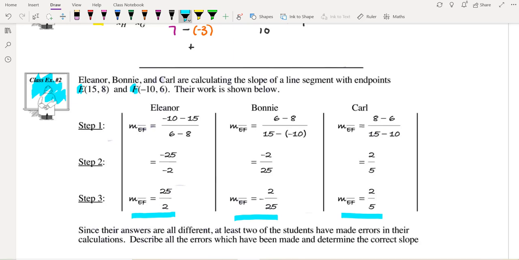So there's some mistakes being made. So at least 2 mistakes here, right? So I'd like for you to work through these calculations and find out what error did the students make. So pause the video and try to determine what error did the students make.